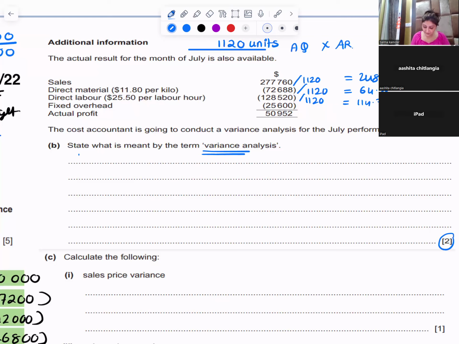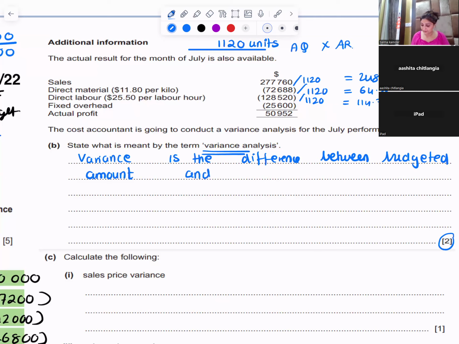First, write the first point: the difference between budgeted amount and actual amount.